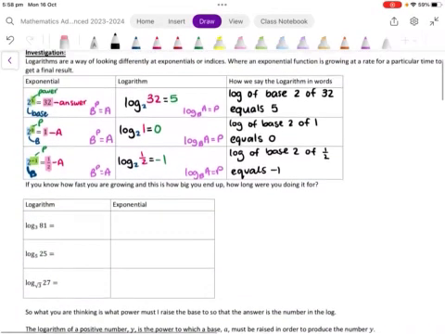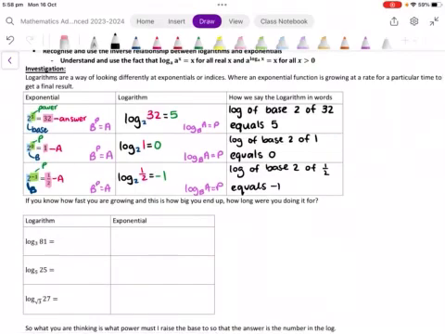Okay, to change our logarithms to an exponential, sometimes we don't always have our answer, but we still want to use our log BAP. This is how we remember how to change exponentials to logarithms and logarithms to exponentials, using our log BAP acronym and easily identifying our base, power, and answer.